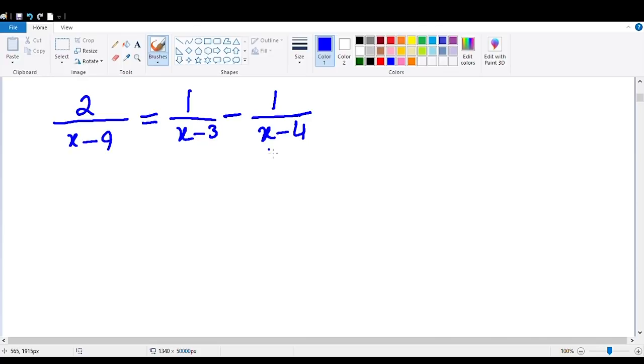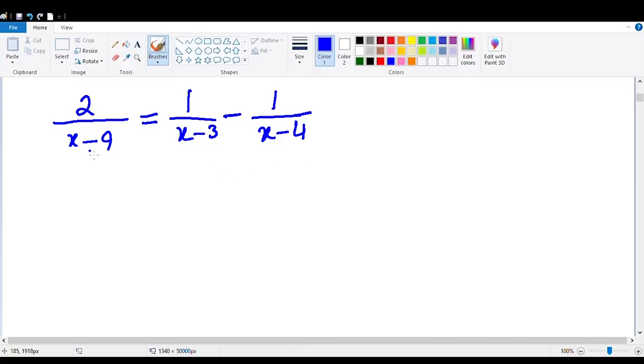There are fractions involved, as you can see, and for fractions you can do two things. There are fractions on both sides, so either you can solve each side individually. The right hand side, you can solve by taking the LCM, and whatever the LCM comes to, you can send the denominator to the other side.